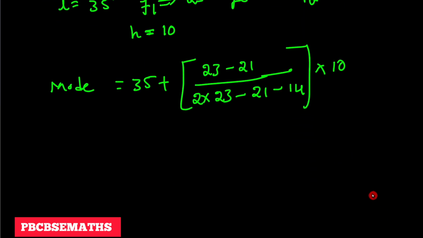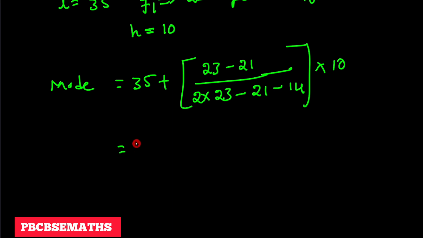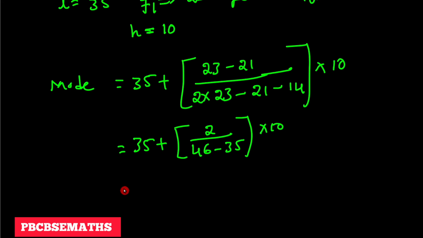Now we will simplify this further, which gives us 35 plus 23 minus 21, that is 2, divided by 2 twenty-threes are 46, minus 21 minus 14 gives us minus 35, into 10.